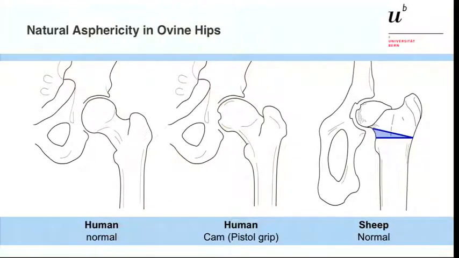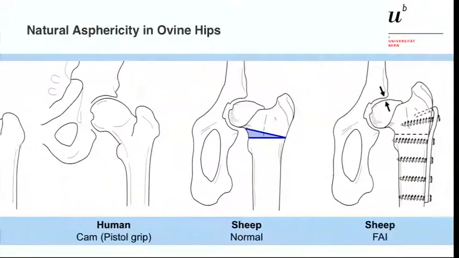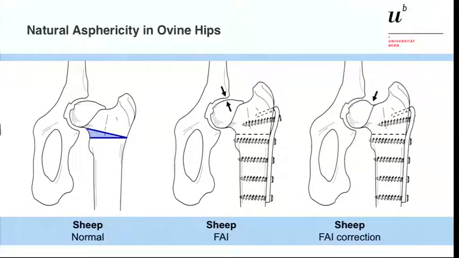In the middle, you can see a cam or pistol grip deformity, and on the right, you can see a scheme of a sheep hip with this natural asphericity superolateral. By doing a closed wedge intertrochanteric varus osteotomy, one can induce an impingement of this asphericity right at the acetabular rim, and we were also able to correct this asphericity to have a round spherical head after induction of the impingement once again.